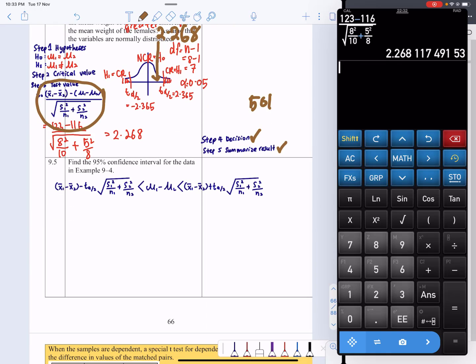And then we have the confidence interval for two means. For the T test, just insert the values. I will not do it for you, because this one is just insertion of values. It looks long and complicated, but it is very simple actually. We are not here to derive the formula. We are here to use the formula.